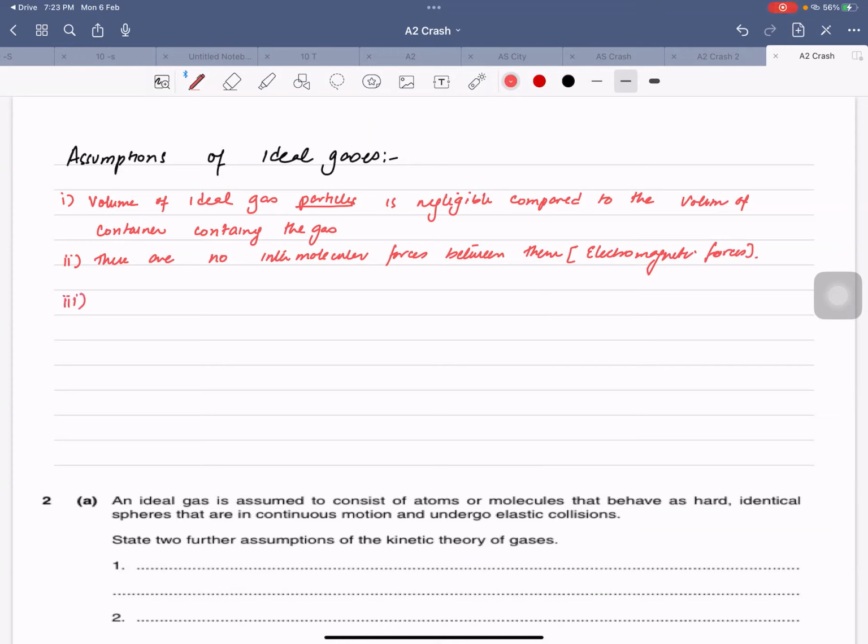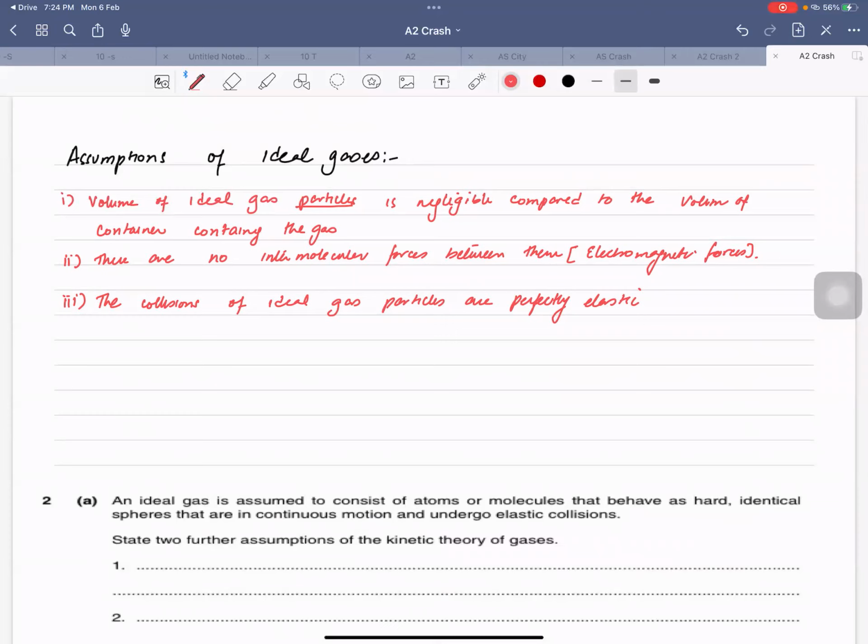Then the third point is that the collisions of ideal gas particles are perfectly elastic. It means that they do not lose energy when they collide.